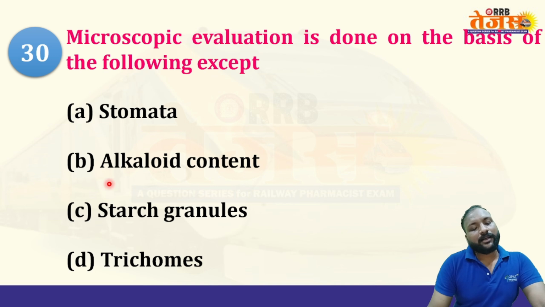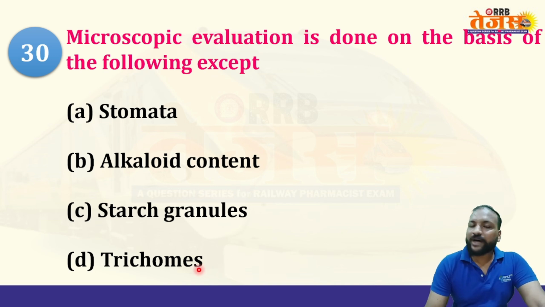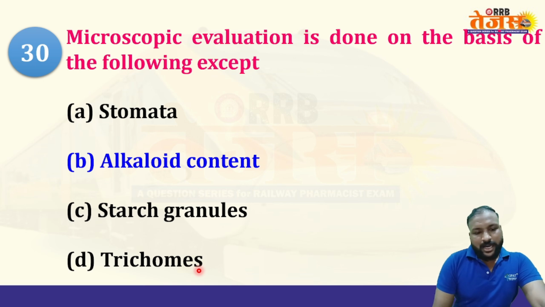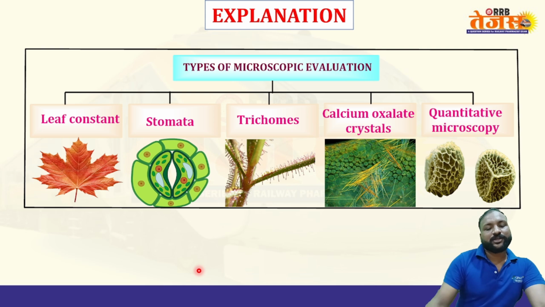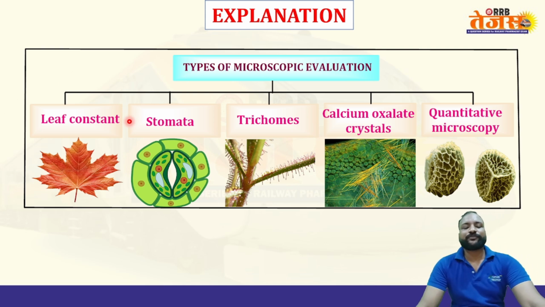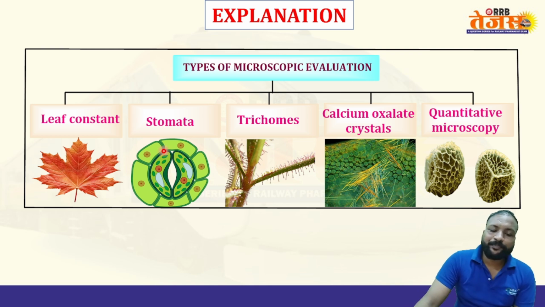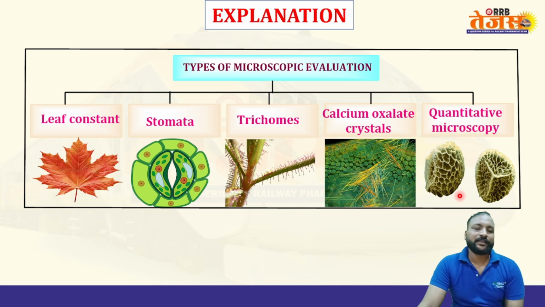Option A is stomata, alkaloid content, starch granules, and trichomes. If you have gone through the leaf constants, you can easily answer this question. Undoubtedly, option B does not come under microscopic evaluation, because for microscopic evaluation we consider the leaf constants, stomata, trichomes, calcium oxalate crystals, and quantitative microscopy.